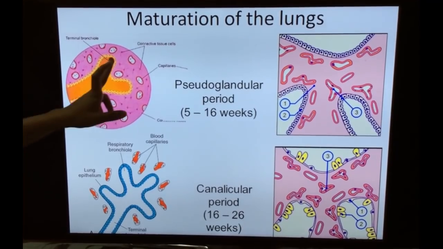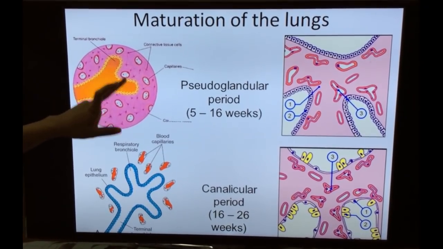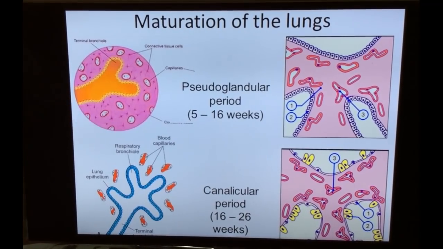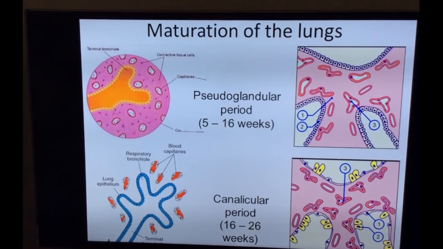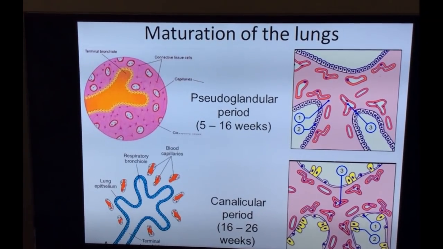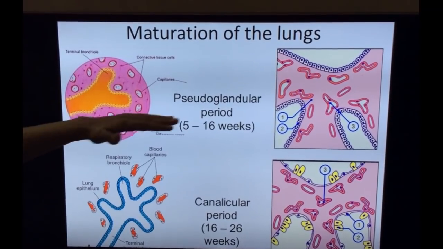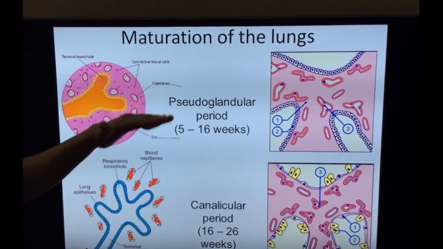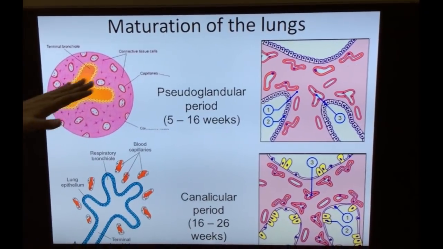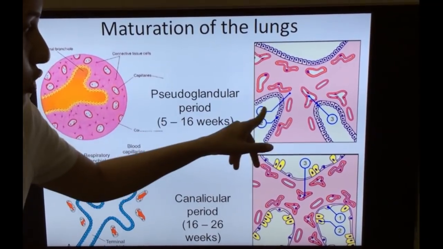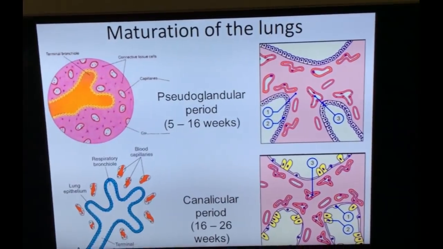There is the presence of tertiary bronchi, giving rise to just the bud of the terminal bronchiole, surrounded by connective tissue and capillaries. There is no contact of the tracheobronchial tree with the capillaries. This is the pseudo-glandular period, the initial period, between 5 to 16 weeks. This is a section showing the bronchioles with the capillaries.